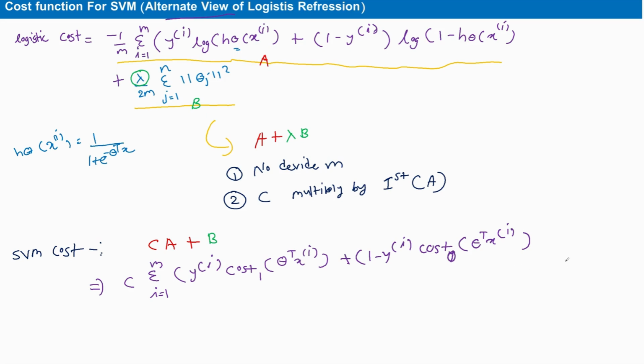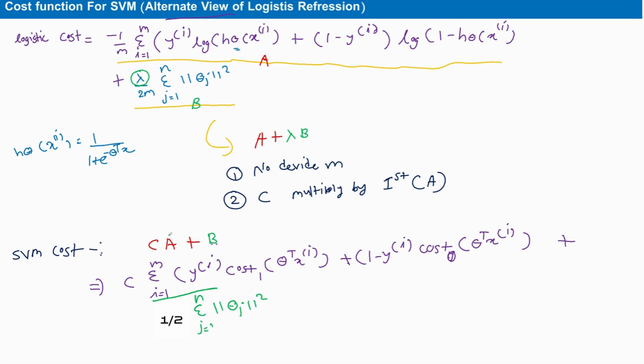Then the B term, whatever the remaining B term is there, will become like this: summation of j is equal to 1 to n, L2 norm of theta j square. The changes I mentioned: for the first term we need not divide by m, so we remove it.